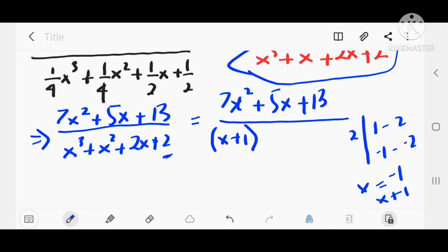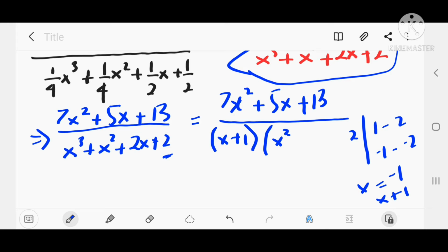So we use the x plus 1 to divide what we have here, x cubed plus x squared plus 2x plus 2. Realize that x goes into x cubed how many times? You get x squared times. So we have x squared. That is the easiest way. I'm teaching you the easiest way to look at it rather than going by synthetic division.